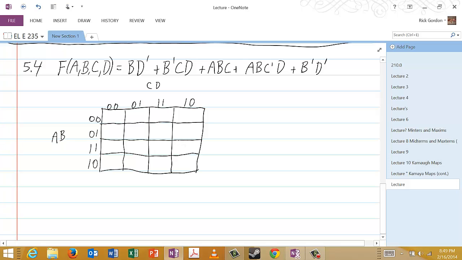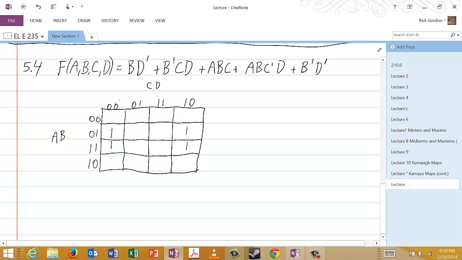So the cells that we're interested in for this first term, BD prime, must lie in these middle 2 rows. In all of those cells, B is equal to 1. Now we need to identify in which of those D is equal to 0. And we see that D is equal to 0 in these 2 cells, and D is also equal to 0 in these 2 cells. Now, how did I get that?